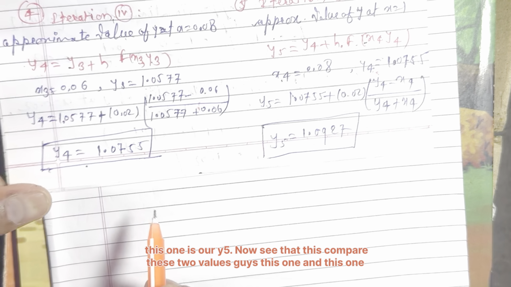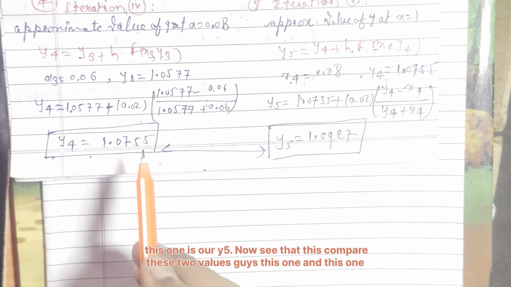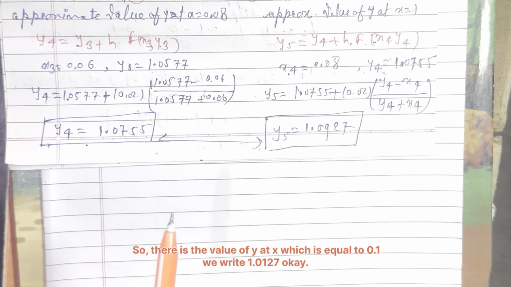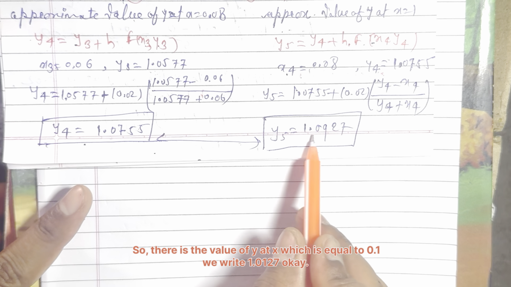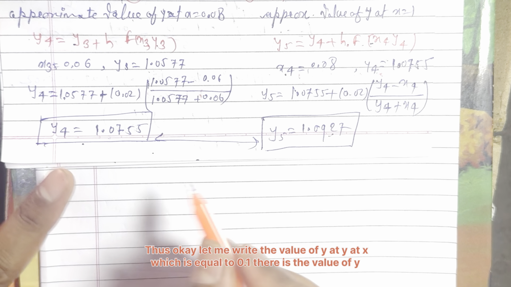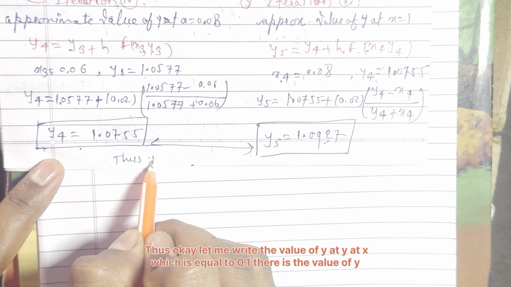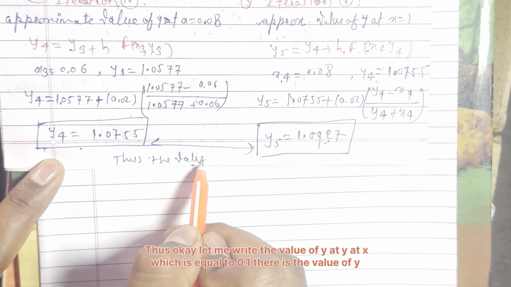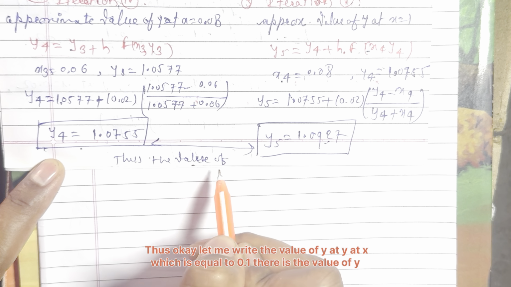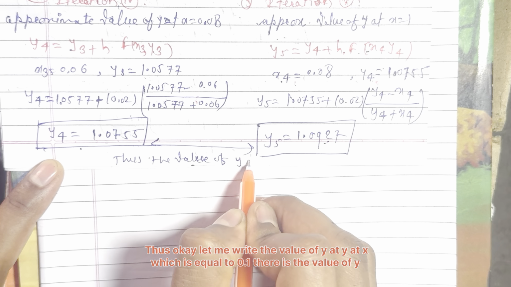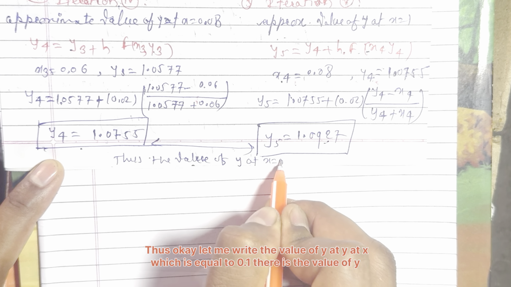Now compare these 2 values, guys, this one and this one. They are very close to each other, so we are going to stop here. So this is the value of y at x which is equal to 0.1.